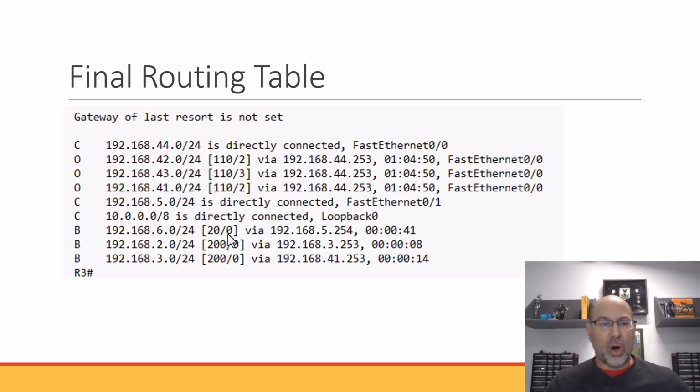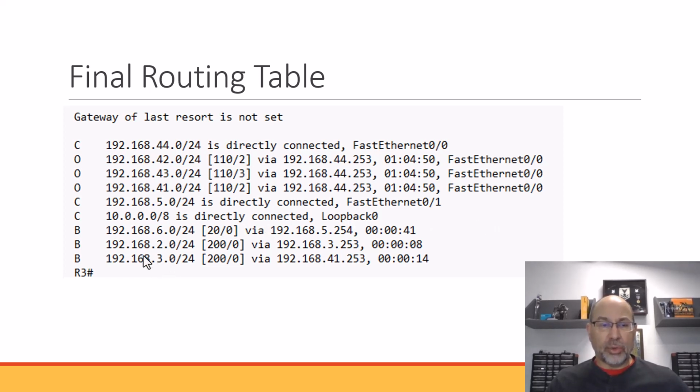All right, now all of these other routes were learned via BGP. Let's take a look at this one right here, the 6net. This was the network all the way to the right in the topology, if you want to go back and look at that. Take a look at the admin distance. It is 20, which tells us that it's an eBGP learned route.